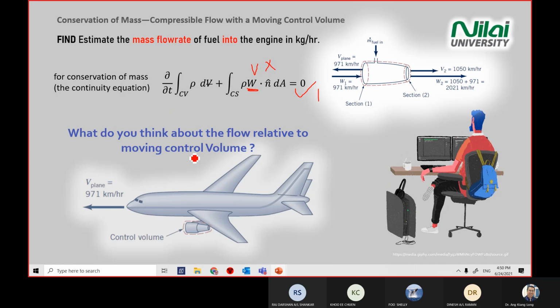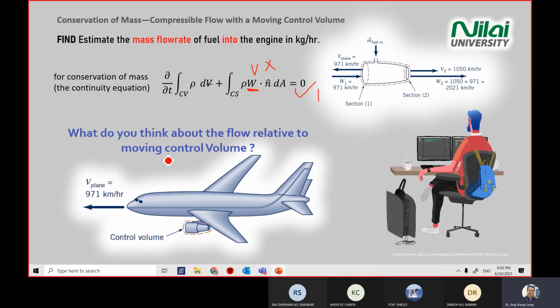Then the next part just helps you to solve a little bit. You need to think about the flow relative to the moving control volume. Okay, we will have a steady flow that goes into the engine.